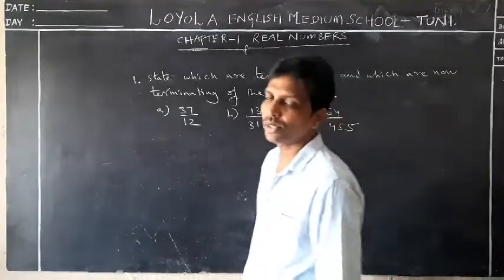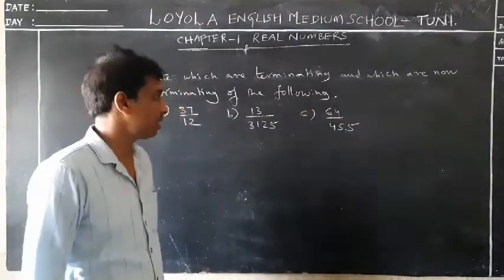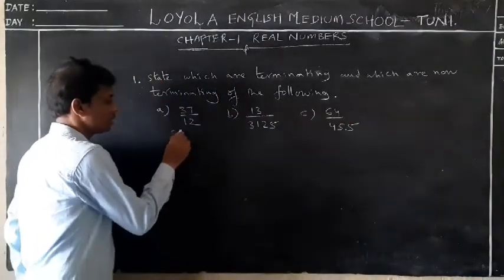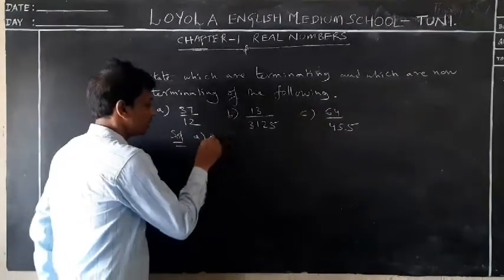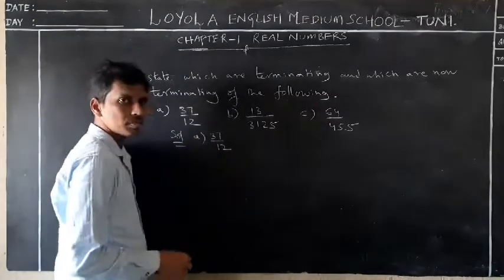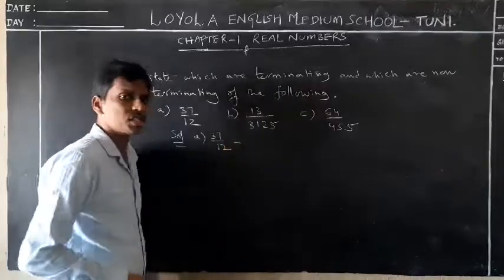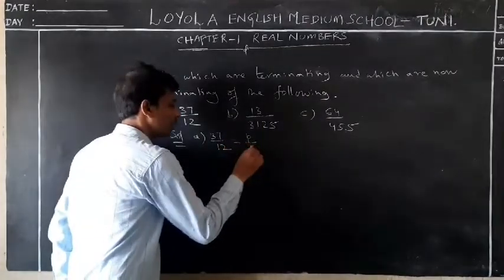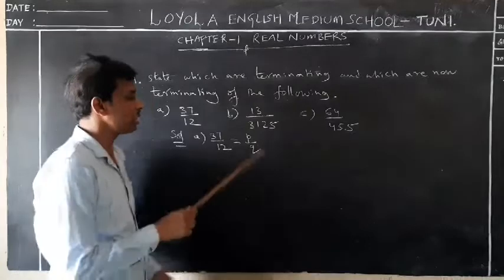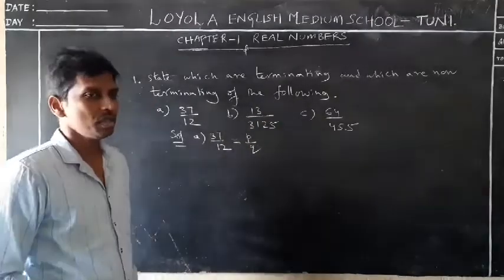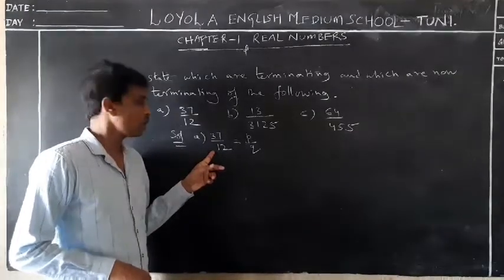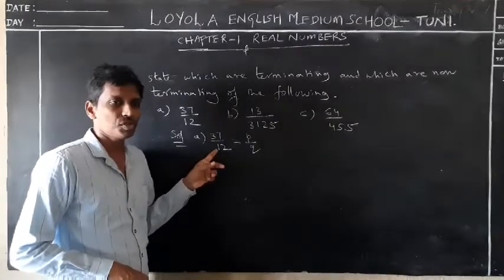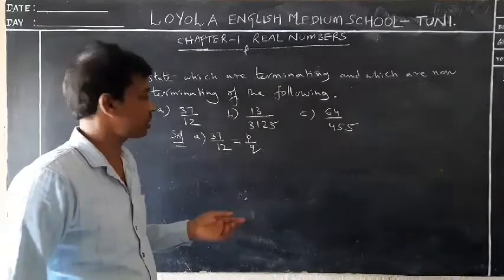Let us go through the solutions one after one. Let us see the solution for A, 37 by 12, which is a fraction in the form of p by q. Of course, p and q are co-primes. Can we do any more simplification? No, because 37 by 12 was already given in the lowest terms.